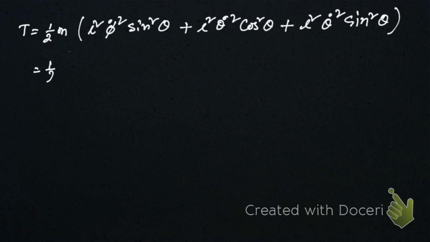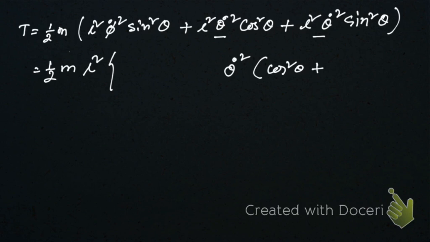So what you will get, half m, you can take L square common, right? And from these two you can write theta dot square common. Then here you will get cos square theta plus sin square theta, right?